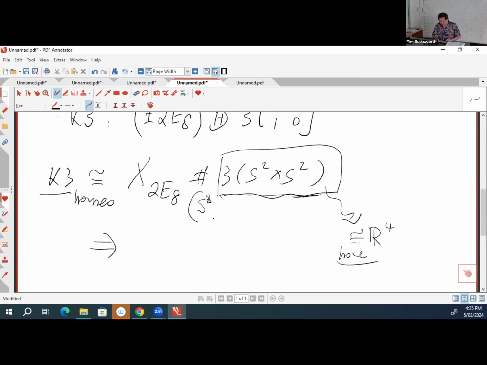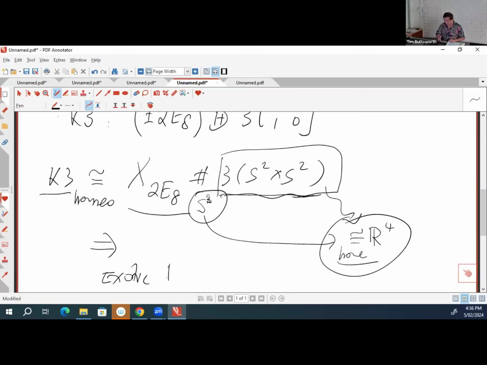And then this S3, which is a boundary here, this is like a compact set, and this compact set does not contain a standard S4. If it contained a standard S4, then you could fill in and you would get a smooth one. So basically, I'm just telling you that this is the theory of the exotic R4, for which Donaldson received the Fields Medal, which is probably his thesis work.